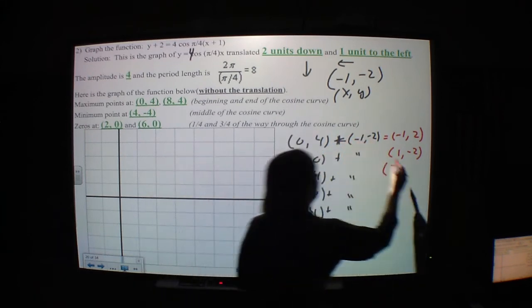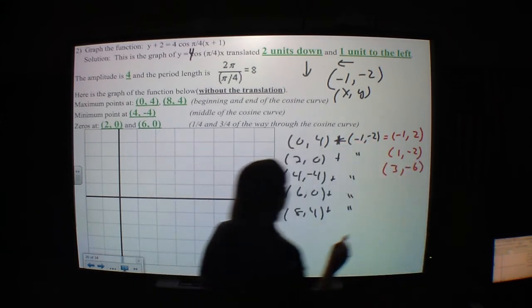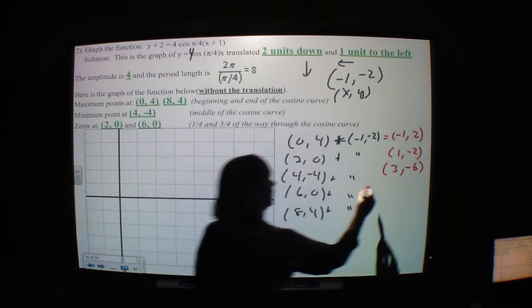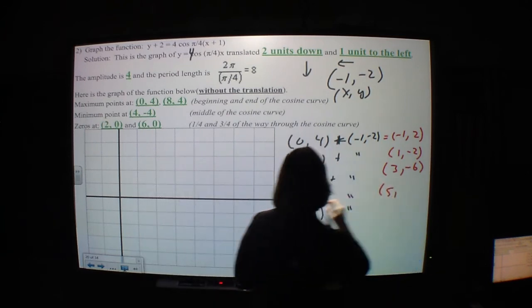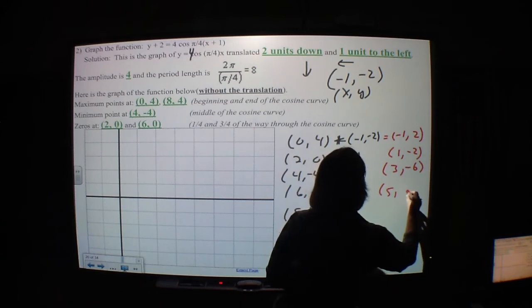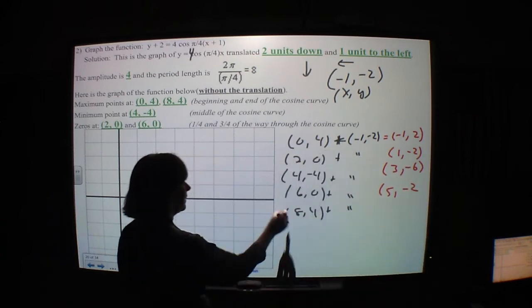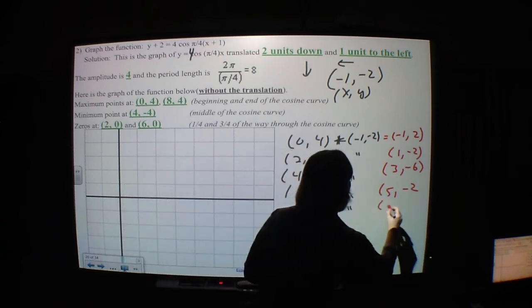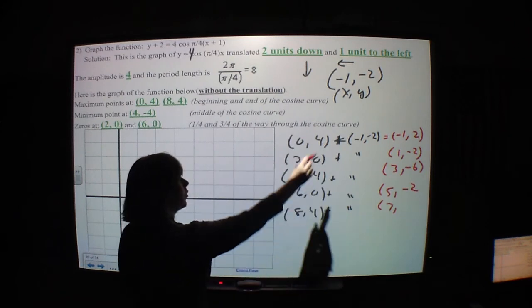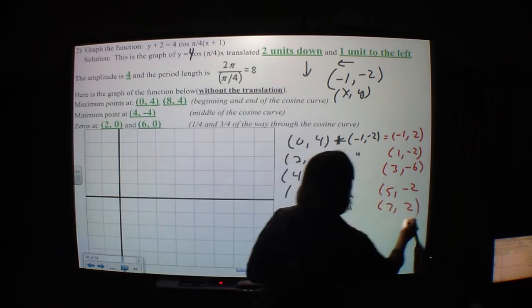Negative 4, negative 2 is negative 6. 6 and negative 1 is 5. 0 and negative 2 is negative 2. 8 and negative 1 is 7. 4 and negative 2 is 2.